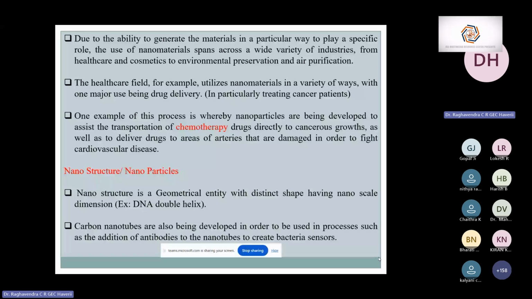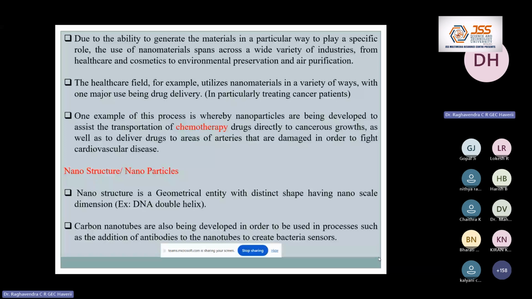This has been very popular even during the corona period, where surfaces we handled, like in a lift or in hospitals, used to have small antibacterial coatings which would not carry forward these bacteria.